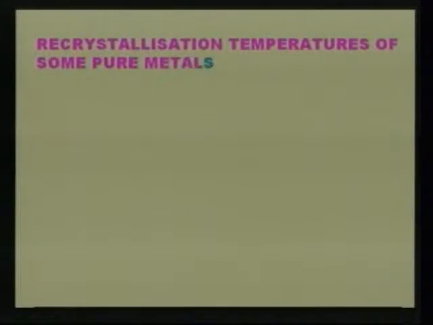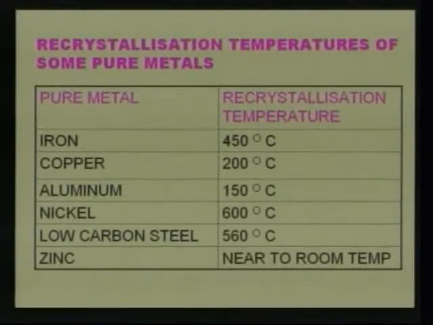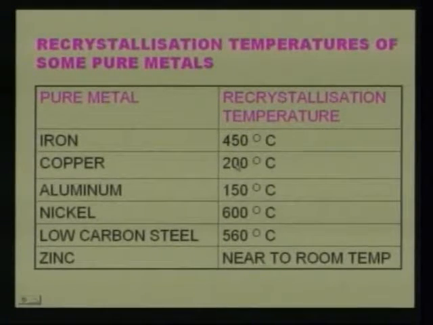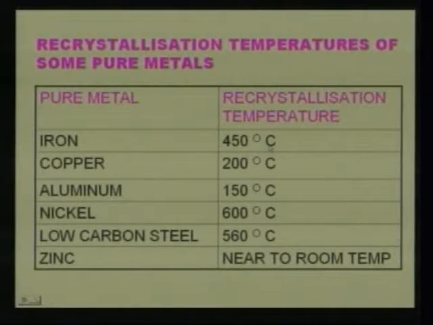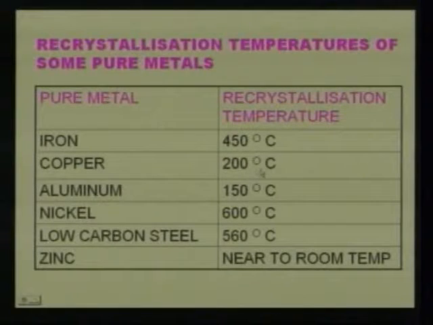Now, you see some of the recrystallization temperatures of pure metals. You see the table: these are the pure metals and these are the recrystallization temperatures in degrees centigrade. For iron, the recrystallization temperature is 450 degrees centigrade. For copper, 200 degrees centigrade.